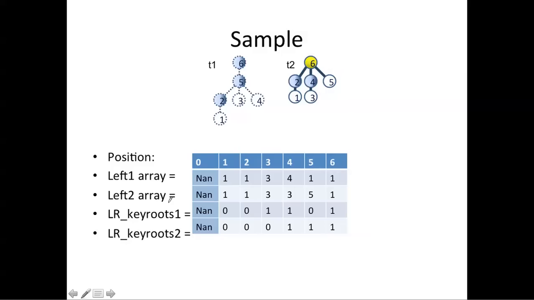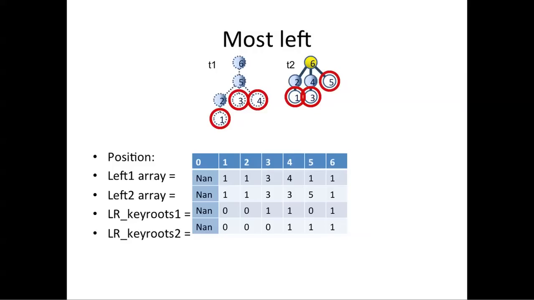And the key roots: 0 meaning this node is not a key root, or 1 meaning this node is a key root. So in this case, the key roots are 3, 4, and 6. Again, the most left nodes and the key roots.